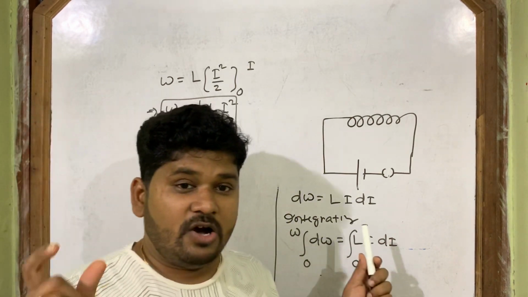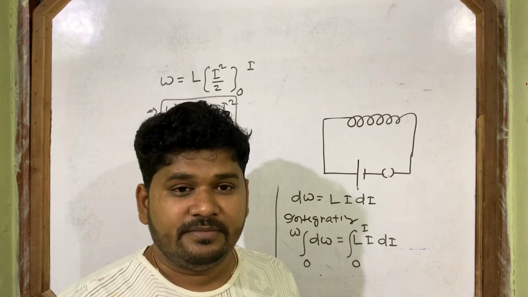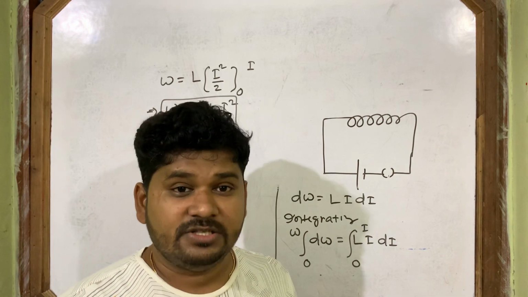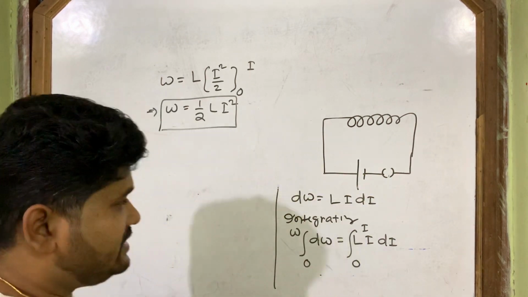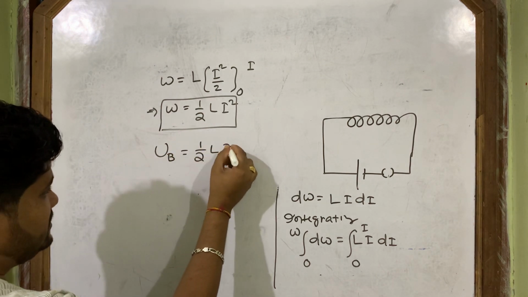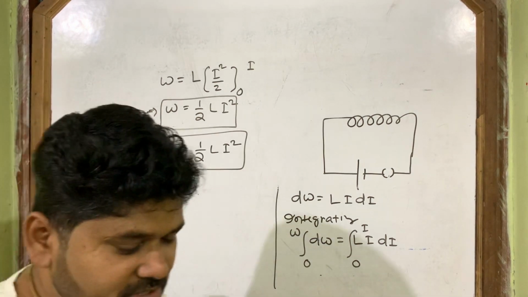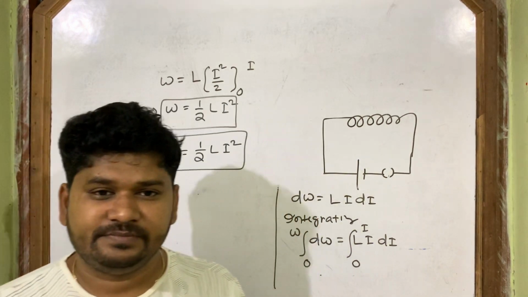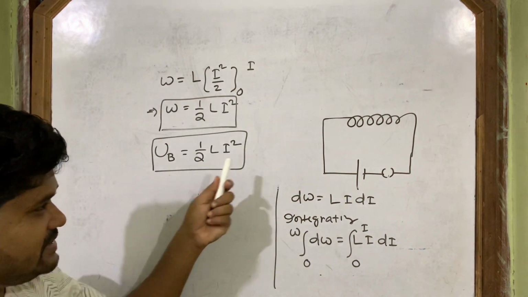And as I told you, the work done is stored in the form of magnetic potential energy. So how much is the magnetic potential energy, the amount of work done? Half L I square. This magnetic potential energy is stored in this inductor.